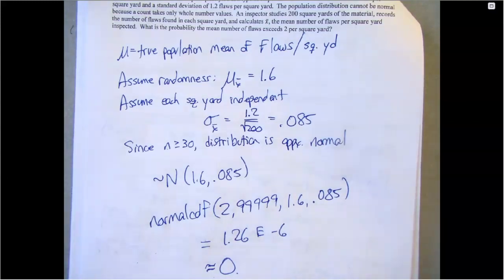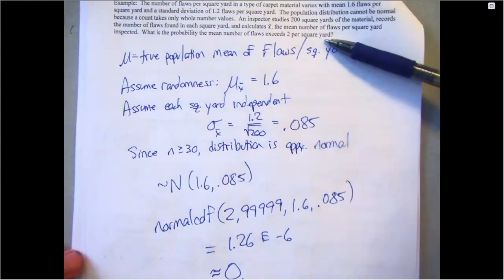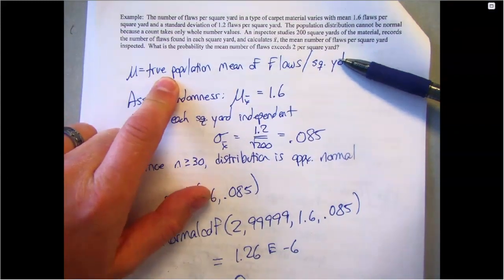Okay. Am I good? Are you guys good? I just want to make sure you understand what we're doing and why. Same process as the last couple we did. It's just that now we're working with means instead of proportions. But you're going to go ahead and state the thing.